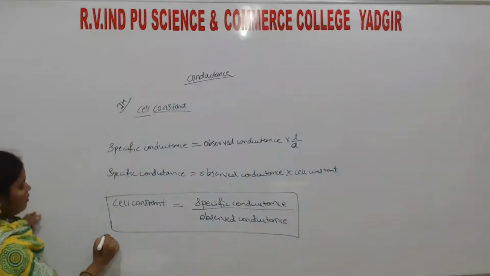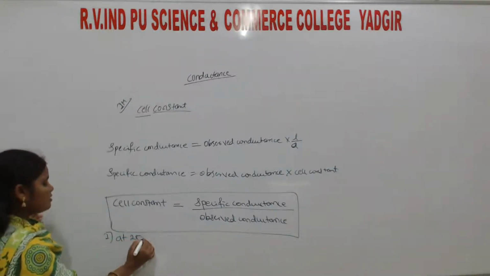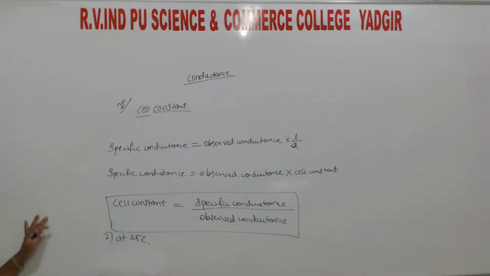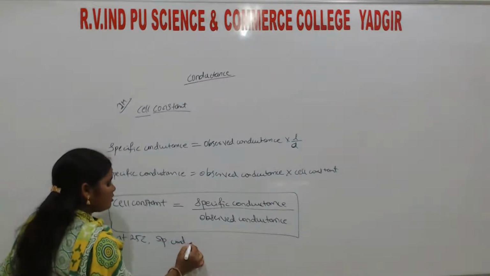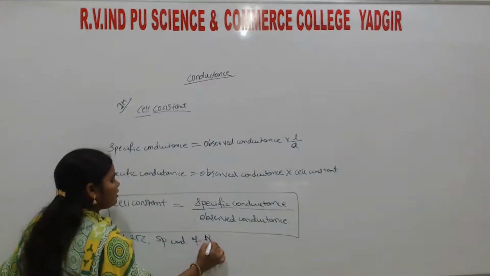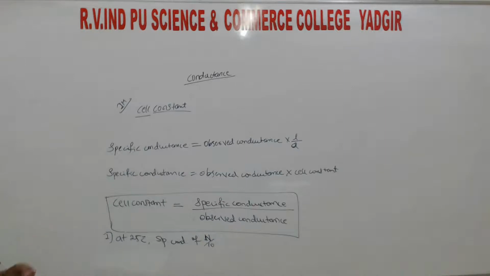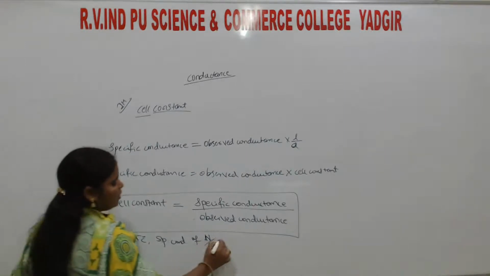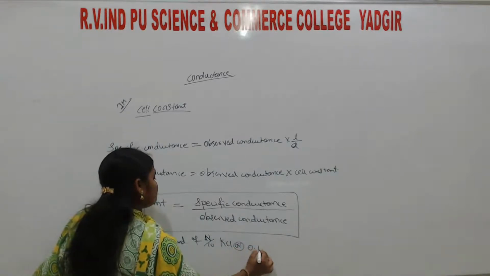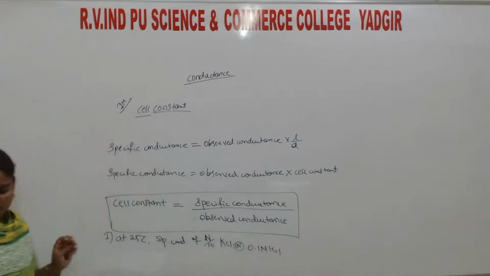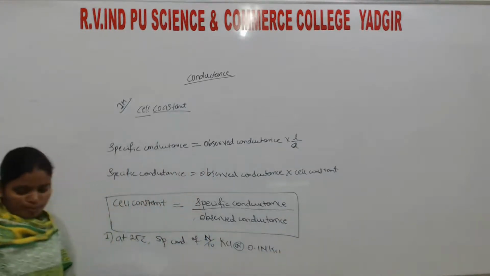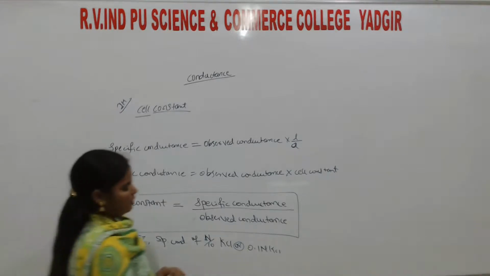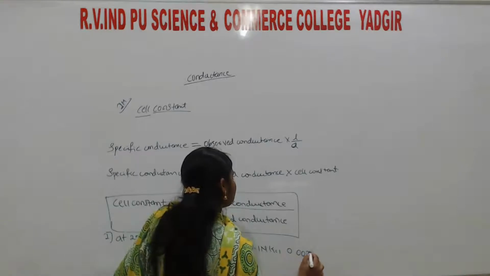The temperature is 25 degrees Celsius, and the specific conductivity of 0.1 N KCl is 0.00278 per ohm.